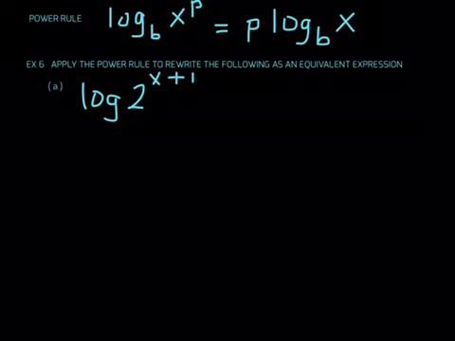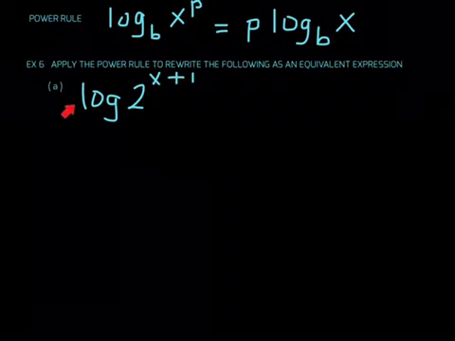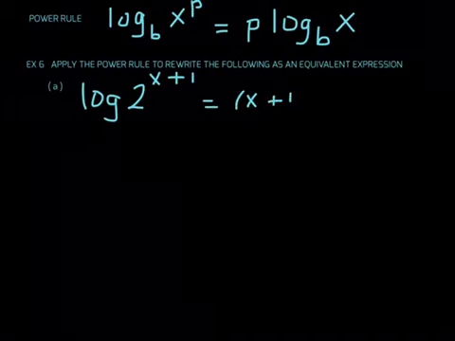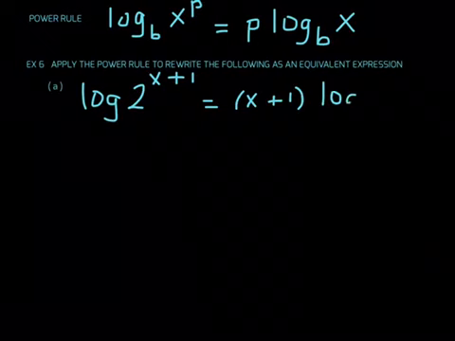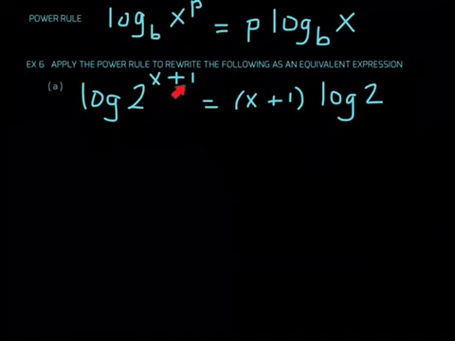So according to the power rule, this entire exponent up here could come down to the front to rewrite this as x plus 1 times log of 2. Now, we have to make sure to keep these parentheses around x plus 1 because the exponent is more than one term. So we want to make sure these parentheses are there. All right, cool, you did it. This is an equivalent expression.